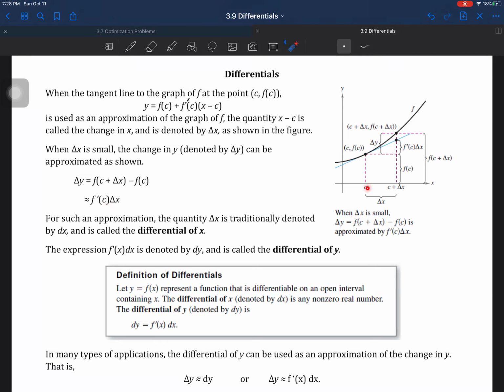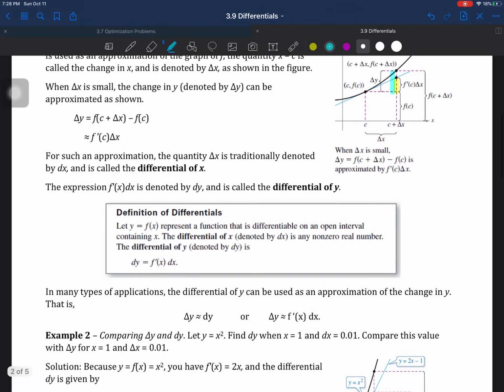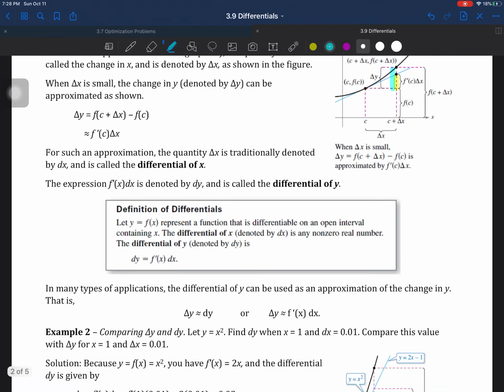So as long as delta x is close enough, this value right here versus this value right there can be approximated. We're not saying that they're the same. We're just saying that we are going to be able to approximate it. And that's a big deal. Maybe we're not seeing it right now, but we're going to see that it's a big deal.